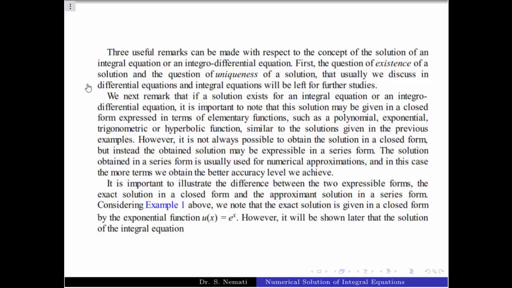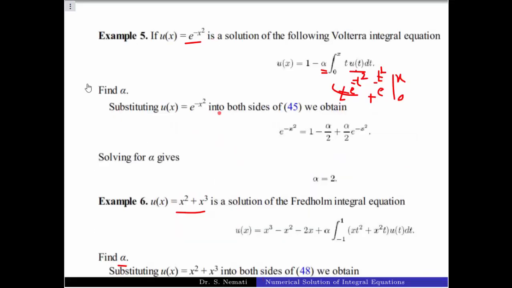In all examples we considered, the solutions are in closed form, an explicit function expressing the solution. In many cases, you can't find the solution in such a clear form.